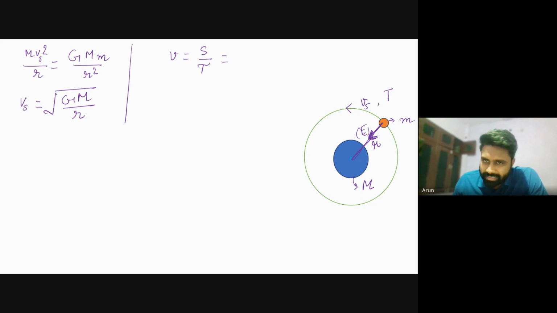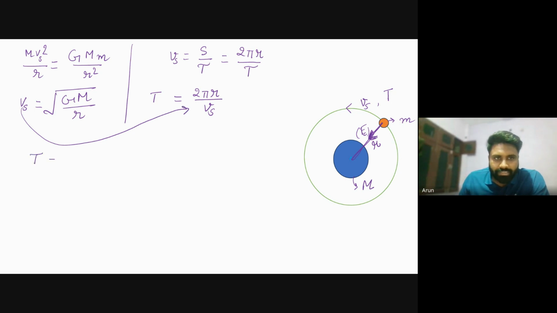It is the circumference of this circular orbit, which is 2 pi small r. So v is 2 pi r divided by T. From here you can say that T is nothing but 2 pi r divided by v. Now v here is nothing but the v we found. Put the value of v from here to here. So you will have T is equal to 2 pi r divided by the square root of G capital M by r.